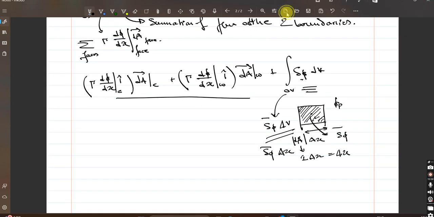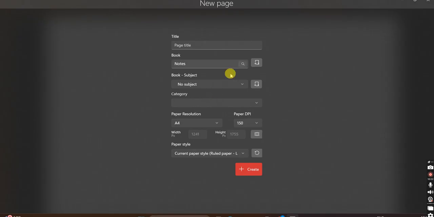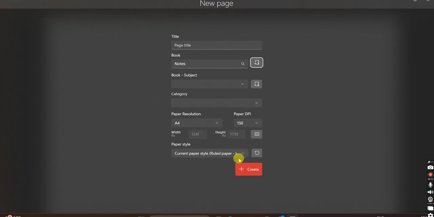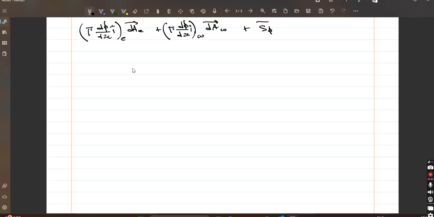Okay, let's go to the next page. So we had this form: gamma dphi dx I cap at east face dA vector at east face plus gamma dphi dx I cap at west face dA vector at west face plus S phi average times delta x equal to 0, right?